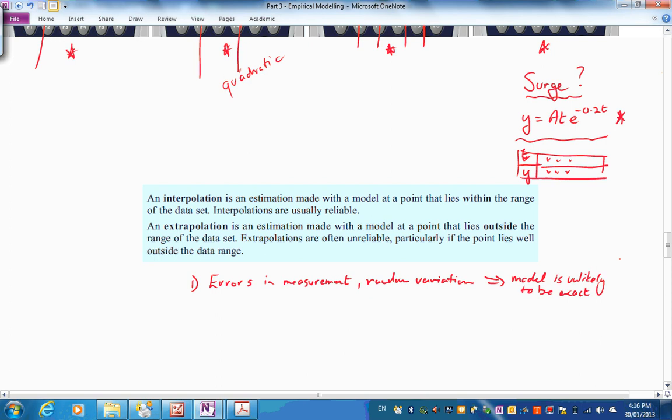That's the first thing. Not like our deterministic modelling, where, due to the mathematical relationship between the variables and the parameters which are constant within that system, you will get an exact model, predetermined as to what's going to happen with those quantities. Here we've got things that are suffering random variation. Things like living systems and so on. We've got errors in trying to measure those things. So here we are. The model is unlikely to be exact.